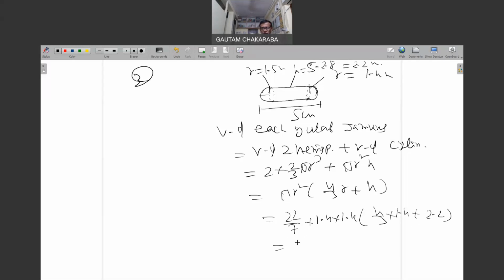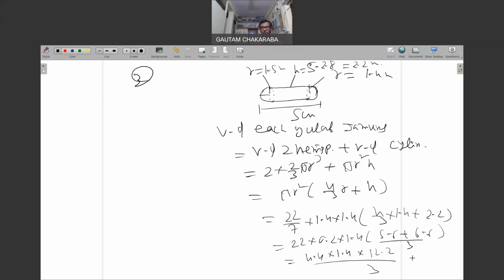Now cut 22 into 0.2 into 1.4, 4.4 into 1.4 into 12.2 divided by 3.